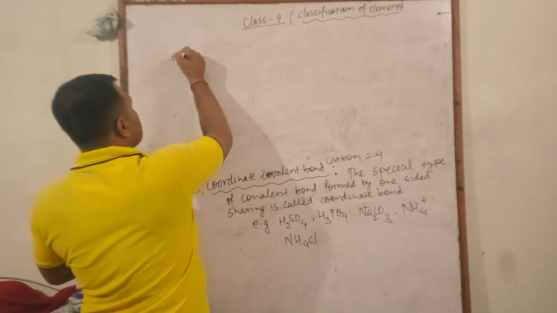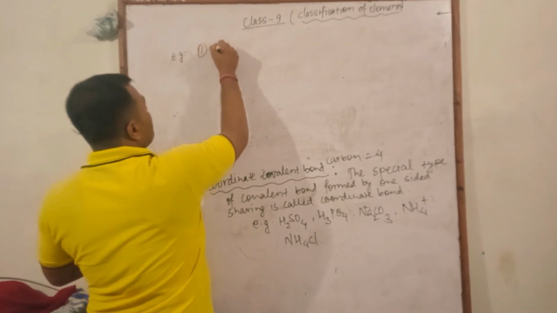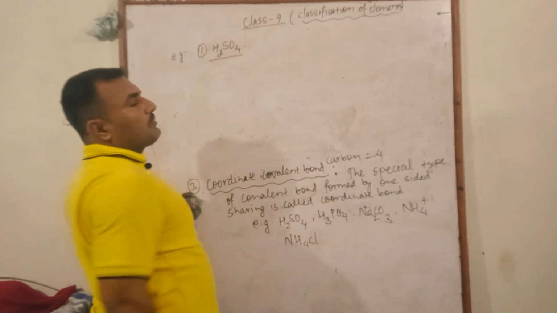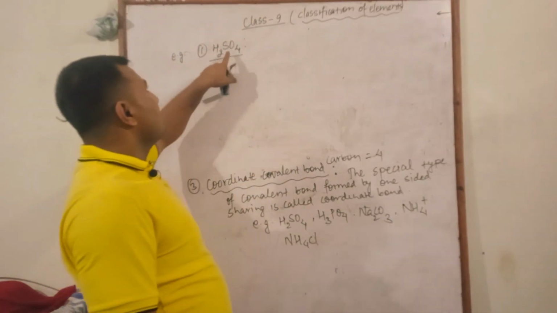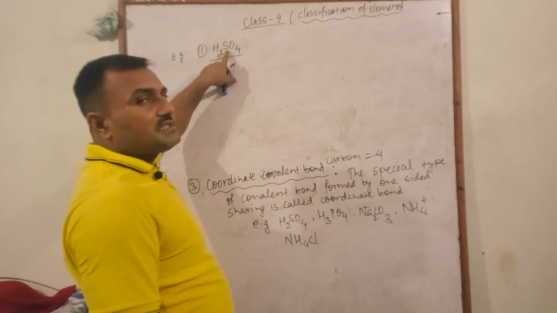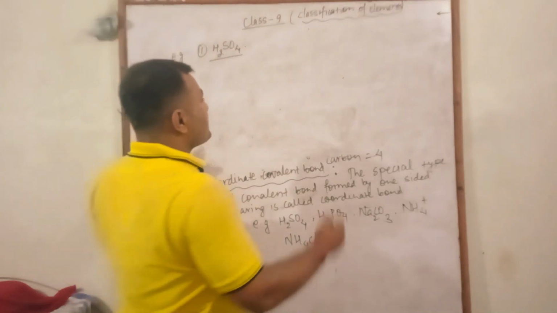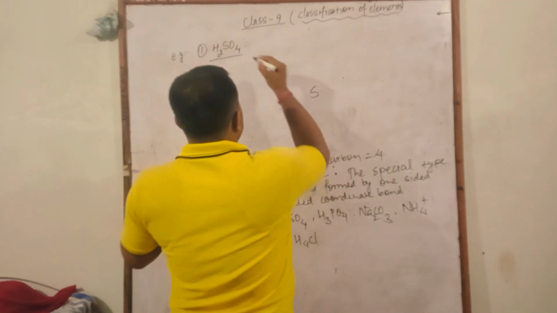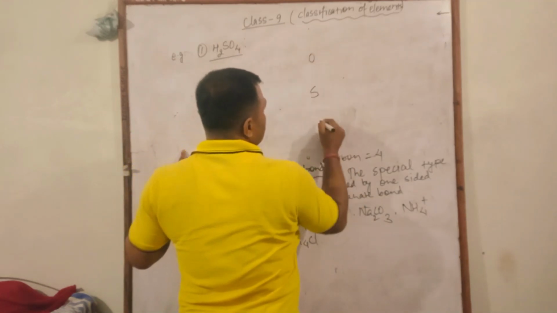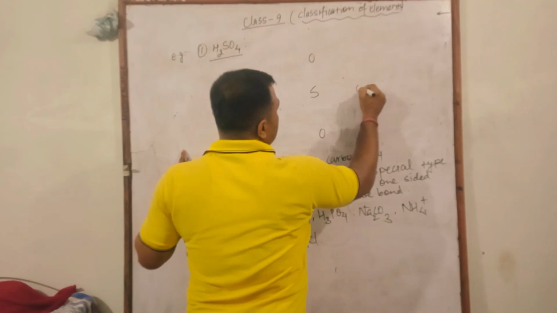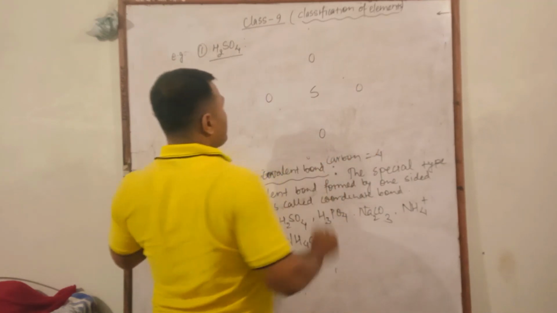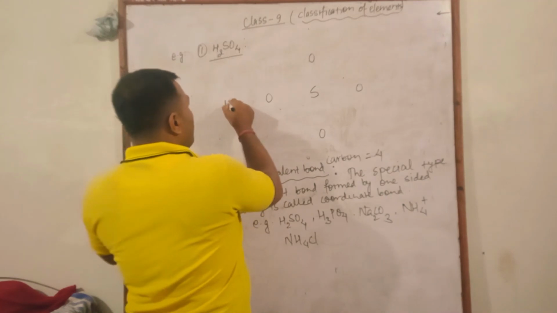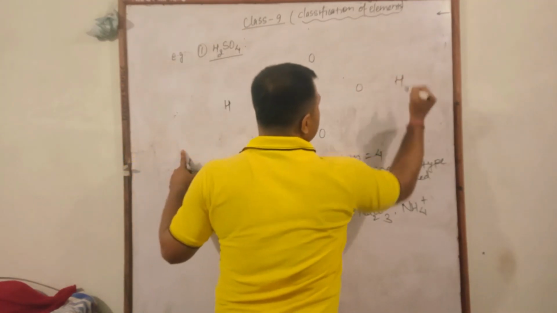As for example, see here in H2SO4, we draw how the coordinate bond and covalent bond are formed. Here the number of sulfur is least, and therefore we draw sulfur. 4 oxygens are there, so on 4 sides of sulfur we draw 4 oxygens. 2 hydrogens are there, and we draw hydrogen on any two sides.